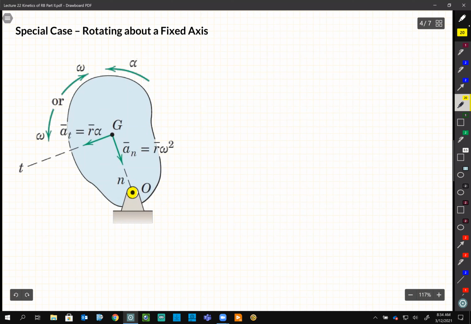So we know if something is spinning about a point, then let's say its center of gravity is G, it has two components of acceleration. One is AT and one is AN. And R bar means this distance here, the distance between point O and G.